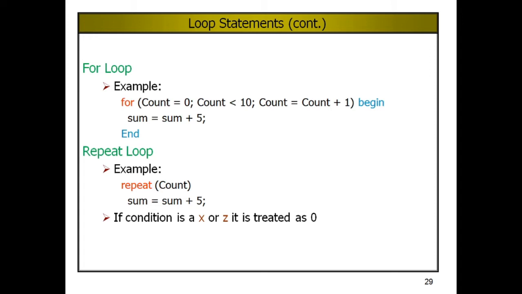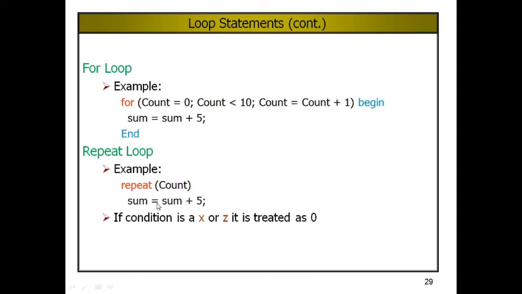So this repeat construct must definitely have an expression, that is repeat of count. This count is an expression. It may be a number, a constant, a variable, or it can also be a signal value.